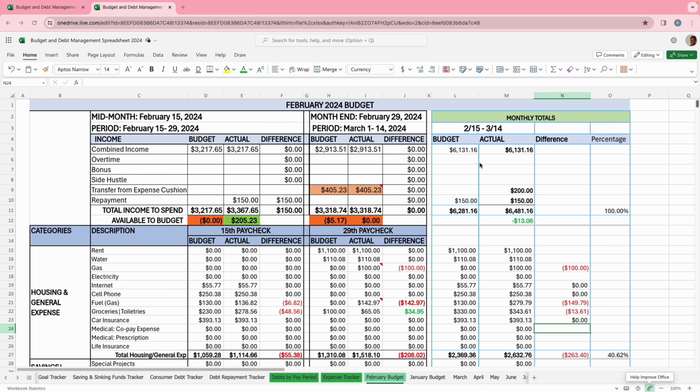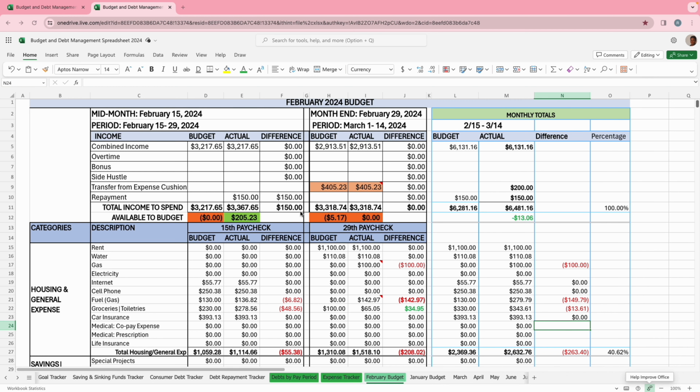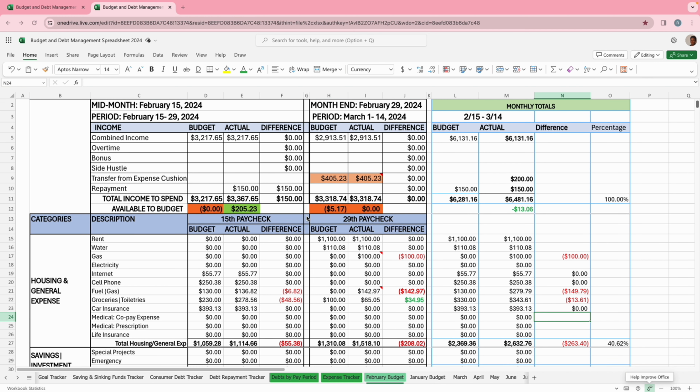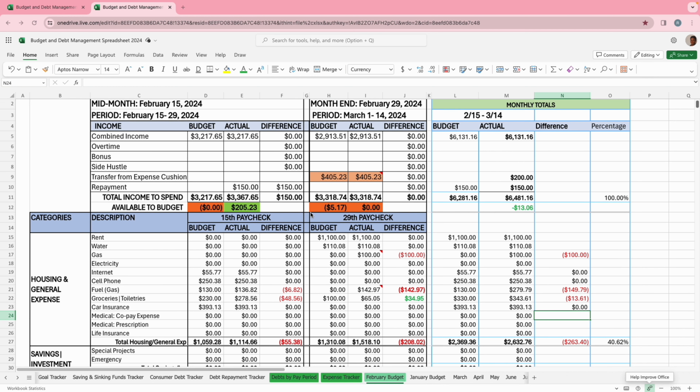So we'll be focusing on the monthly total section of the budget worksheet. We are looking at the difference between the actual spending for the month and the budgeted spending for the month, to see where I've overspent or underspent.